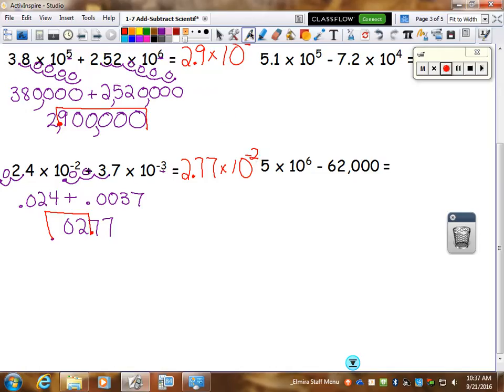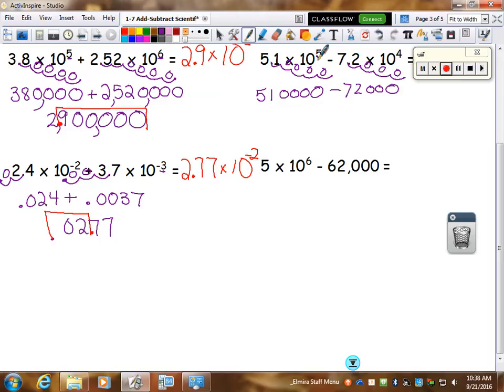Over to this problem over here. 1, 2, 3, 4, 5. Minus, move this decimal over 1, 2, 3, 4. Okay, so 4 decimal moves, 5 decimal moves. Fill in zeros to fill up the space.